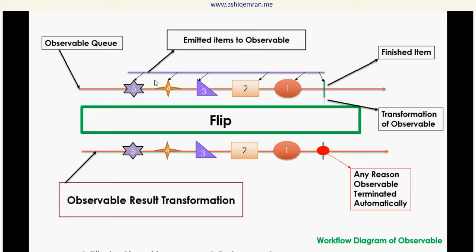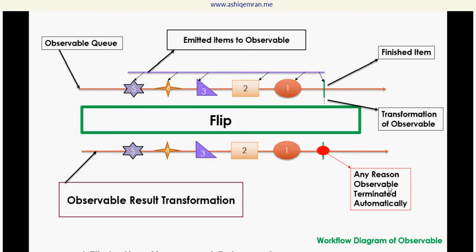In the last, this is the 5th item, and the very first item is already finished. In the transformation of observable, it is transforming to another state, and after that the item will transform to the observable result. Or if we have any error, then what will it do?